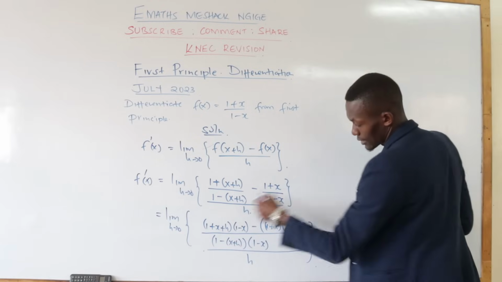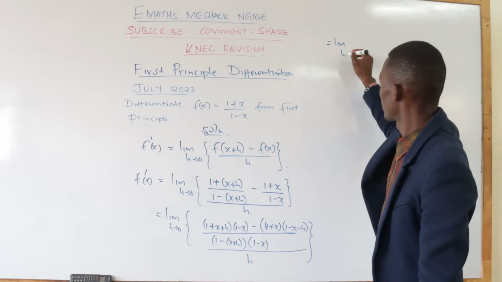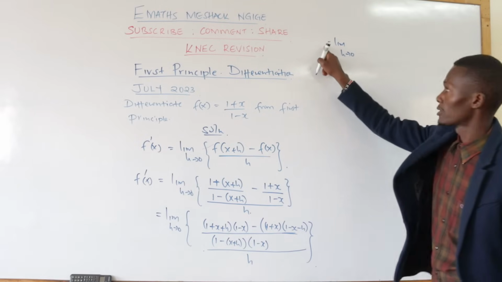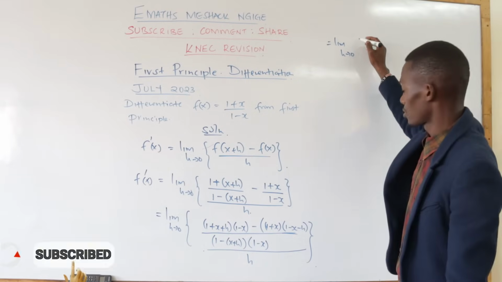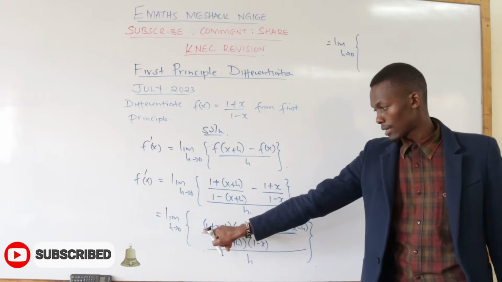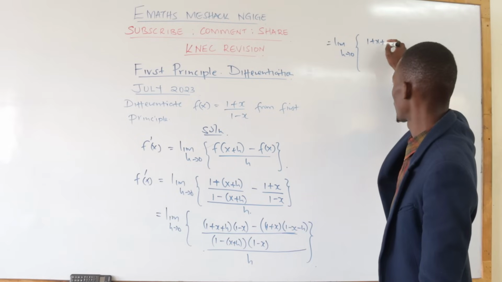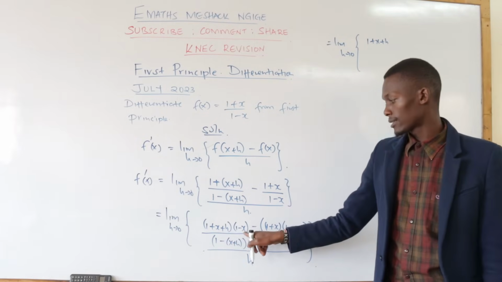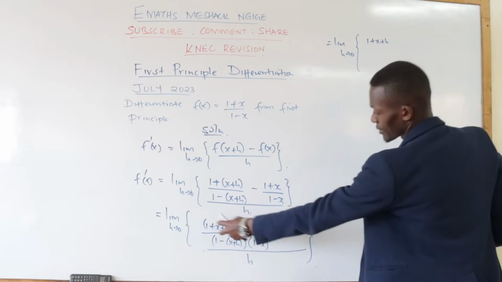So we expand the term at the top, so we have the limit as h tends to 0. Always remember to put an equal sign showing a continuation, right? As h tends to 0, then we shall have, expanding, 1 times everything inside the bracket will just be the same, so 1 plus x plus h. Then the negative of x will multiply again the same, so everything will be negative there.